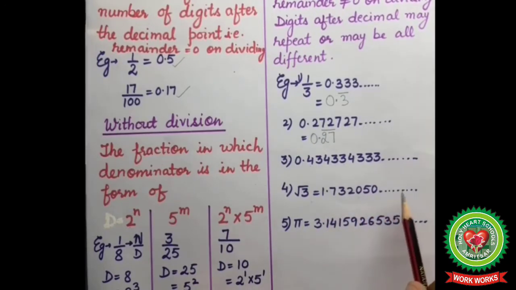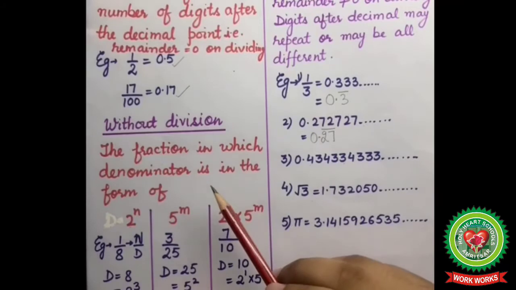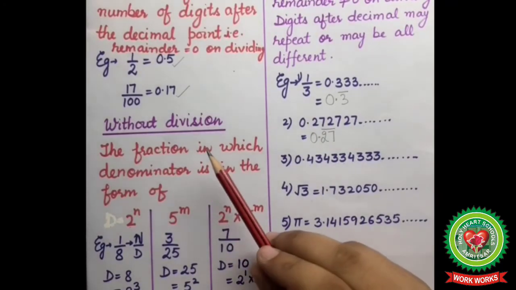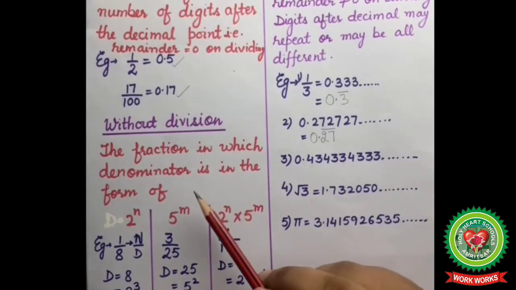It will continue till the end. And the value of pi, that is 3.1415926535, and so on.